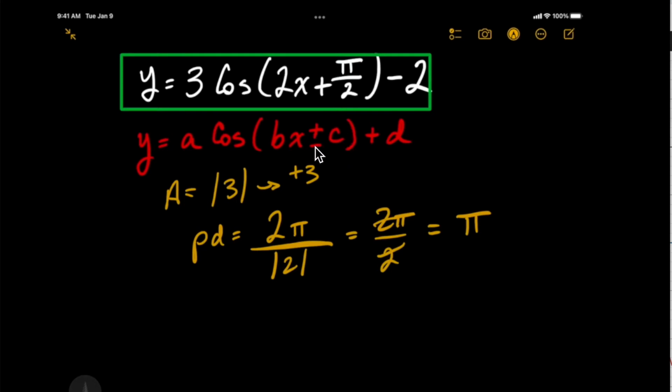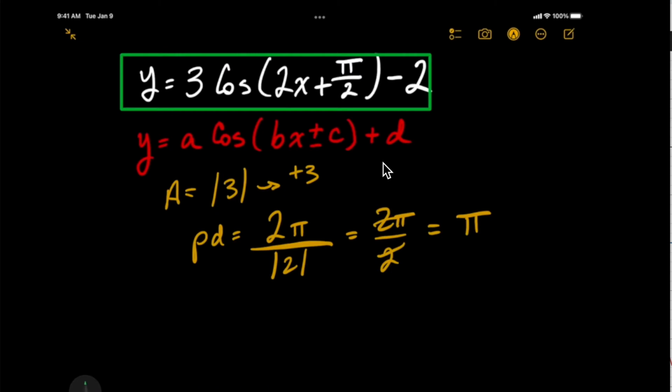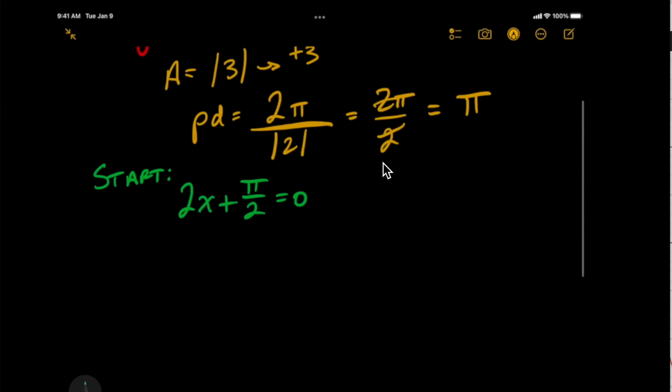Now I've seen this formula written as both plus and minus c, but as you'll see in a moment, it really doesn't matter because the best way to find the starting point of the transformed function is to set whatever's in the parentheses, in this case 2x plus pi over 2, equal to 0. We are now going to solve for x, and that'll give us the starting point of this transformed function.